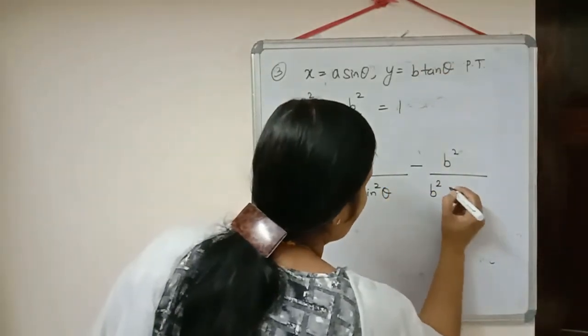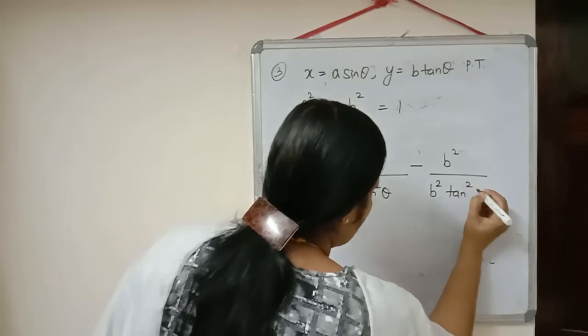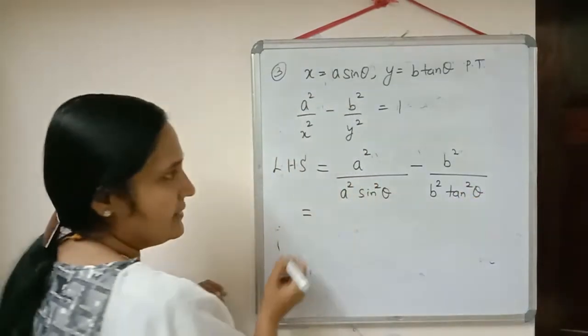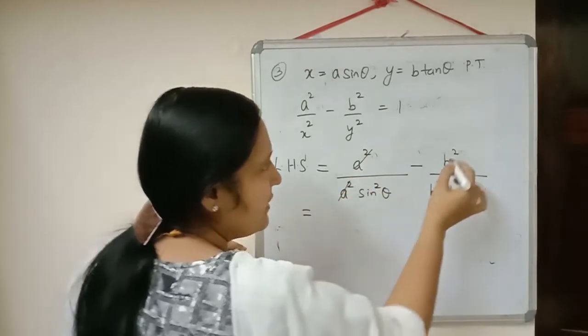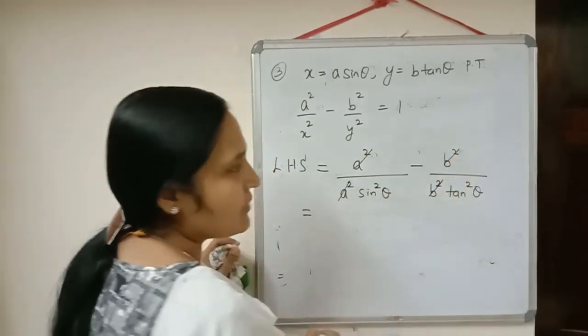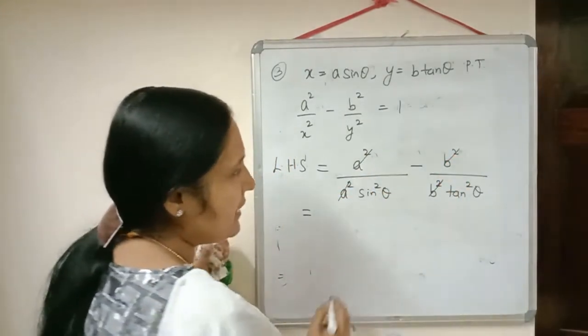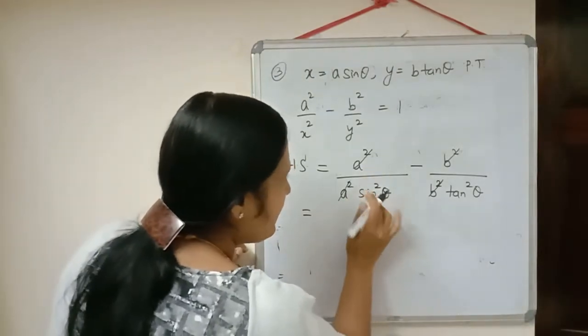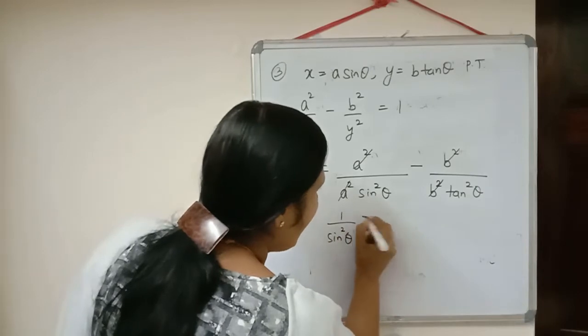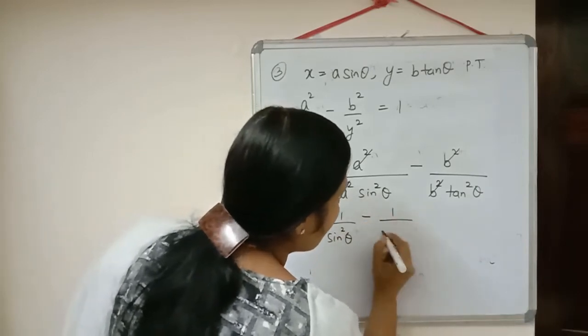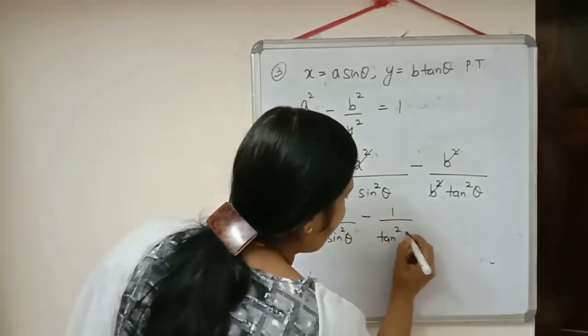Then it will be equal to b square tan square theta. Now what we can do? Yes, these two will get cancelled, and here also b square and b square will get cancelled. What is remaining? 1 by sin square theta minus 1 by tan square theta.